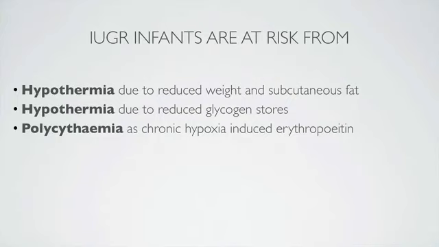So the list should be hypothermia, hypoglycemia and polycythemia. So hypothermia would be due to the reduced weight and subcutaneous fat. Hypoglycemia, because there is reduced glycogen stores. So these babies get low blood sugars because they haven't got as much glycogen to make the glucose.